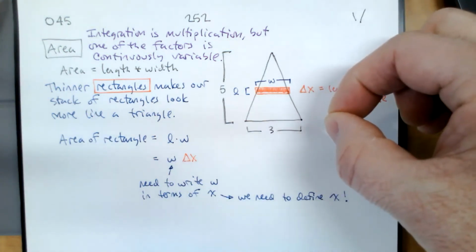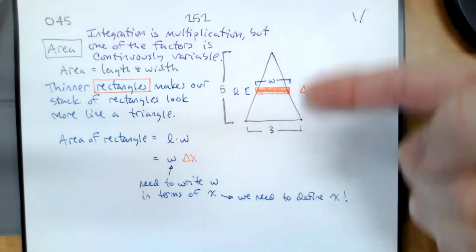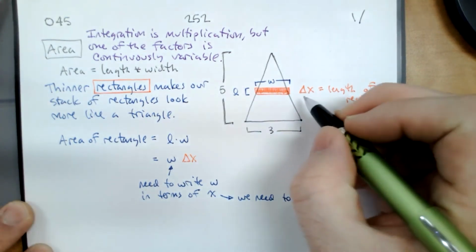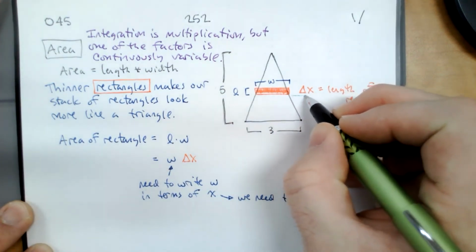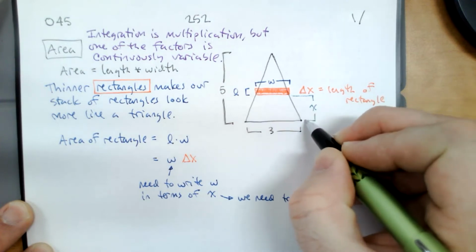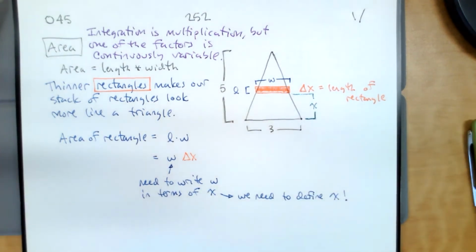So that says your x variable has to be an up and down variable. It has to be labeled somewhere vertically. On the problem on the homework, it was labeled from the base of the triangle up to the rectangle. So we're going to say x is the distance from the base of the triangle up to the rectangle.